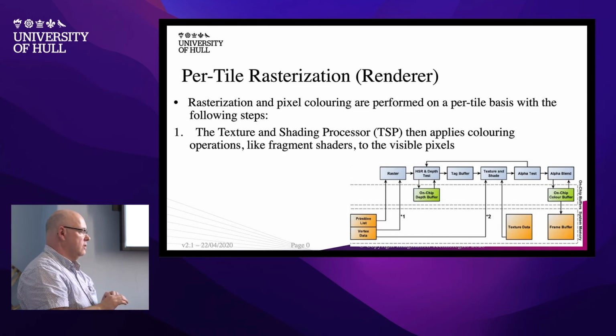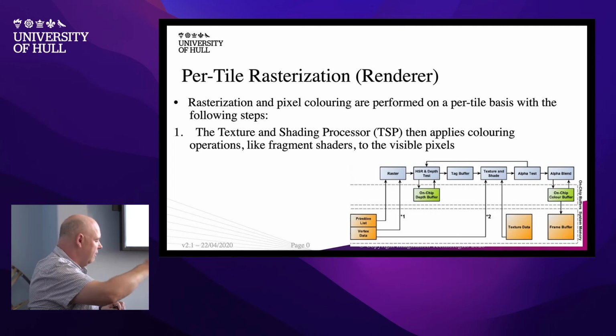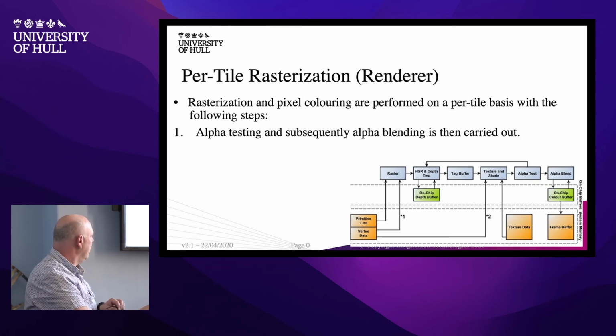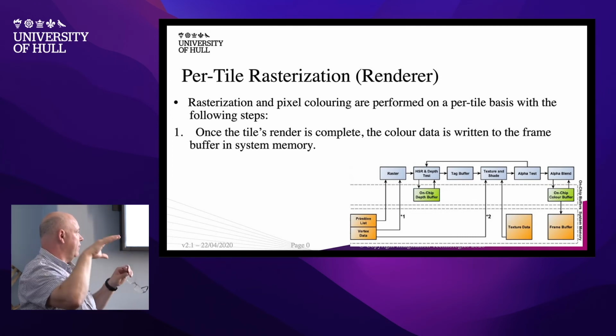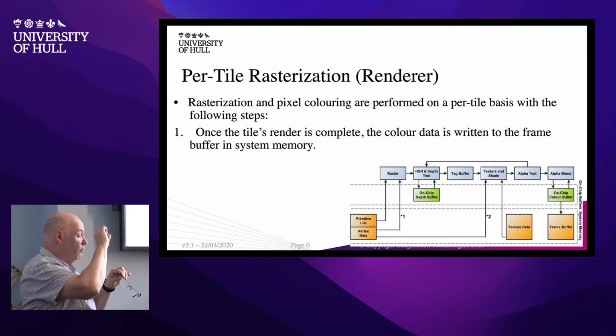It's just a really nice thing, the fact that you don't have to worry about how it's submitted. What you can do is alpha test, so transparencies if needed, and that type of thing. And then finally, you've got the triangles that are on top, for each pixel, I should say. So this is done for each pixel.